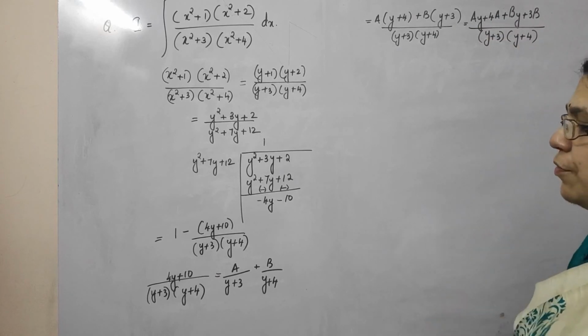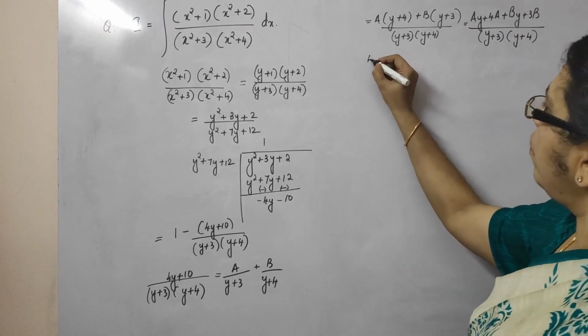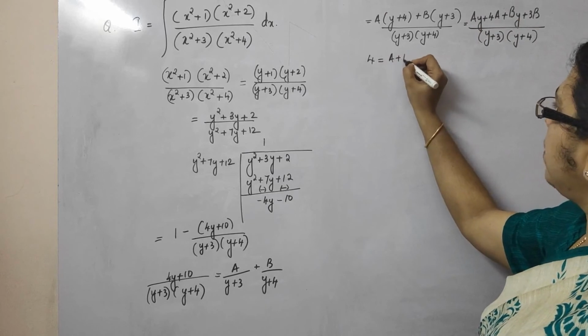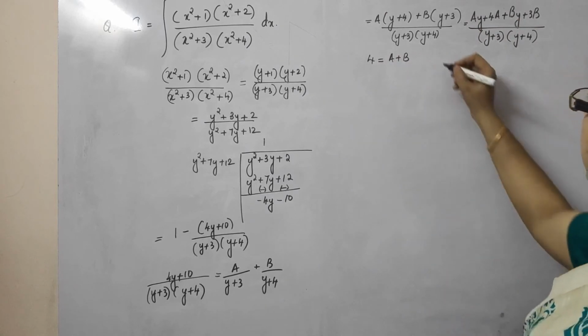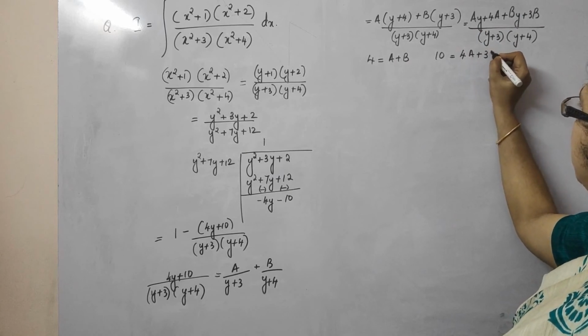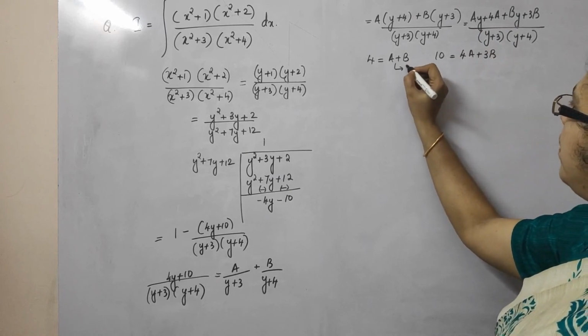Now equating the coefficients on both sides. Taking the y coefficients, 4 is equal to a + b. Then 10 is equal to 4a + 3b.